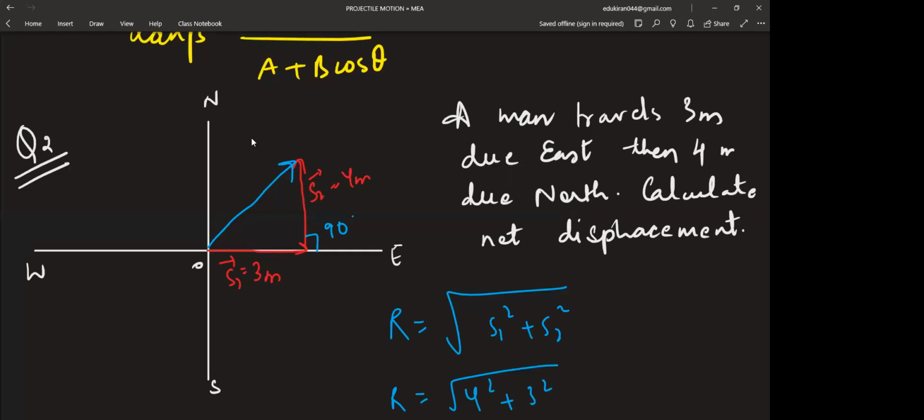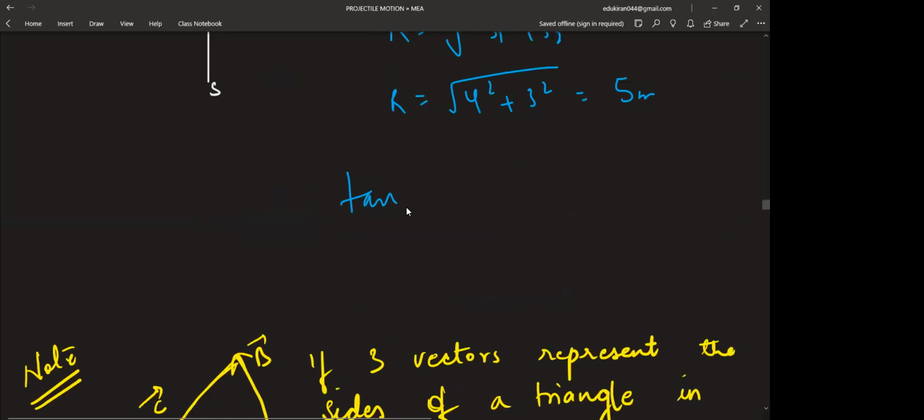So we have the resultant, which is 5 meter. Tan also you have to calculate, it would be B by A. This is the second one, this is the first one. So it would be 4 by 3. So tan beta is B by A, which is 4 by 3. So beta is equal to tan inverse 4 by 3.